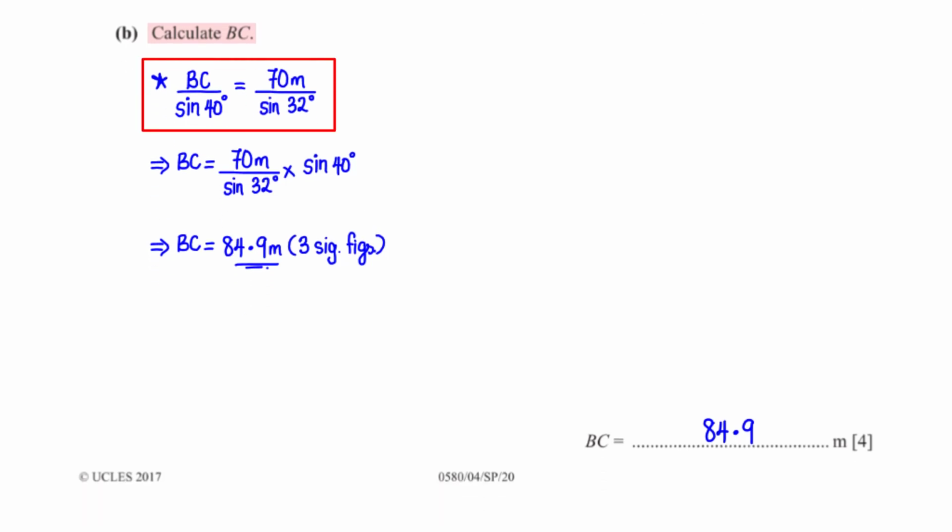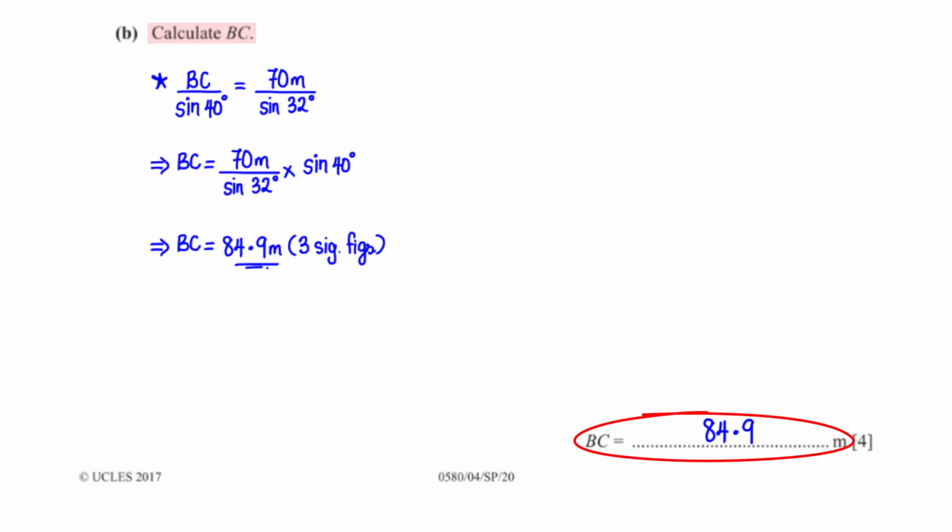This gives us BC divided by sine 40 degrees equals 70 meters divided by sine 32 degrees. When we make BC the subject of the equation, this is what we get. When we type this into the calculator, we have 84.9 meters, rounded to 3 significant figures.